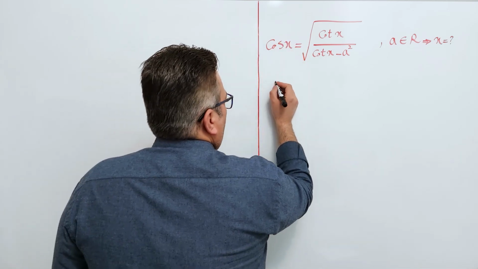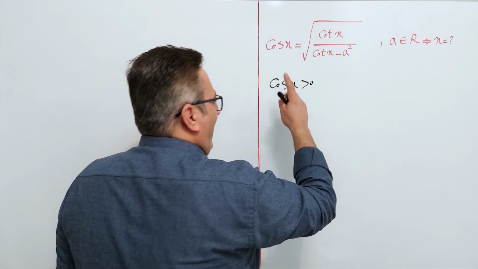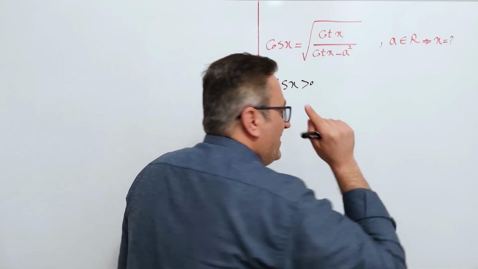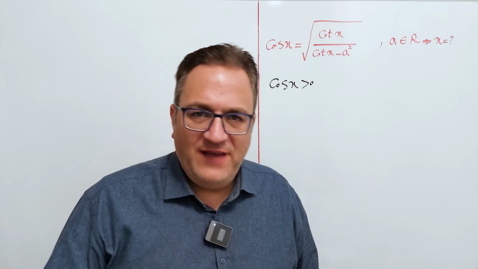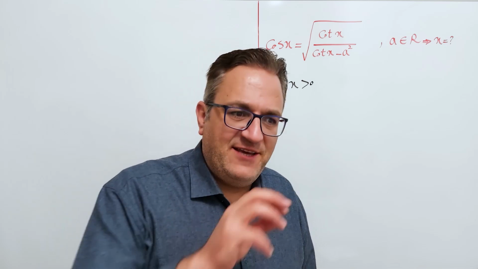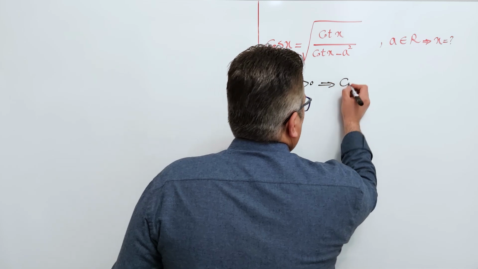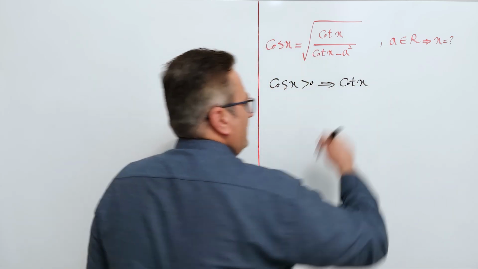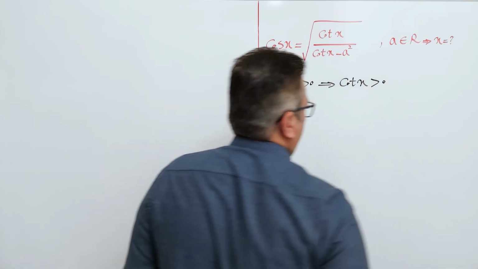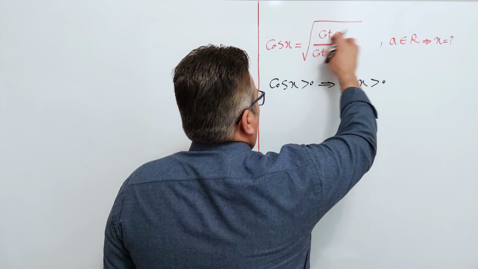So cosine x is positive. So x lies in the first or fourth quadrant. If we assume that x is in the first quadrant, we know that cotangent x in the first quadrant is positive. Let's look at the inside of the square root.